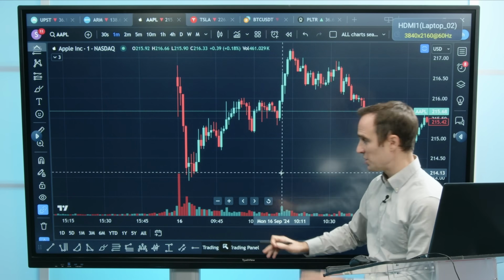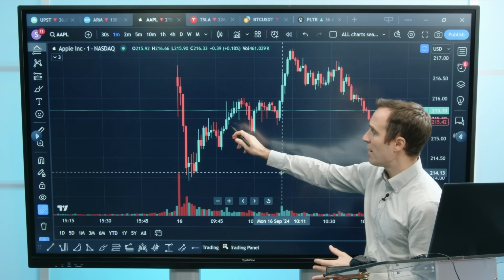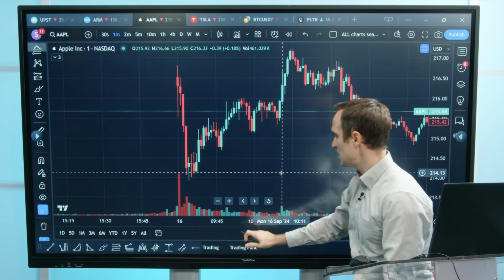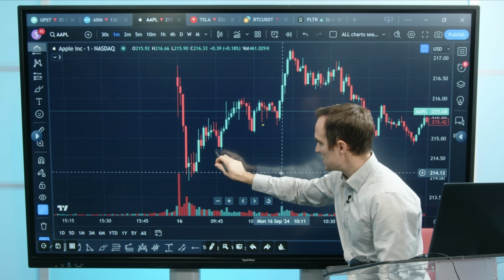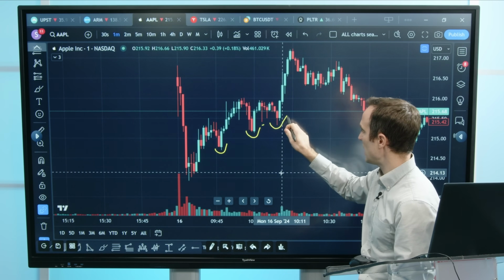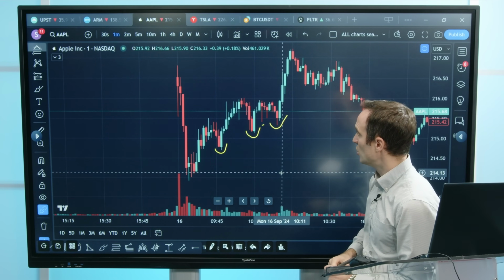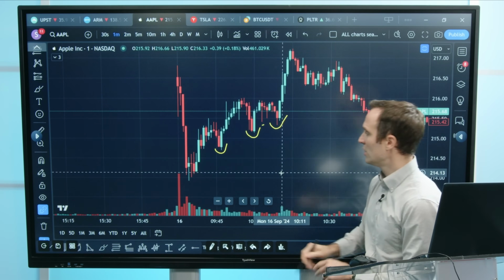Now, what's interesting, we saw trend lines on UPST and ARM, but here on Apple, here was the lows of the day so far, and you can see that, yes, while there is a trend line, there's actually these nice higher lows, right? So these nice higher lows give you the opportunity to, again, also another way to use your manual trailing stops.